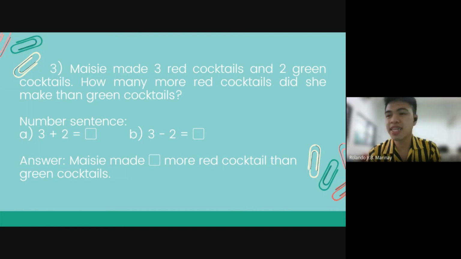Today we learned how to do subtraction word problems. We learned that we can separate the problem into the information part and the question part. Also, in solving a problem, there has to be a number sentence.